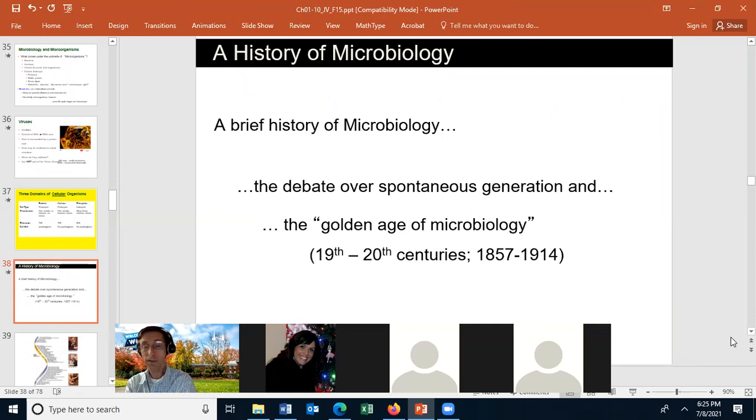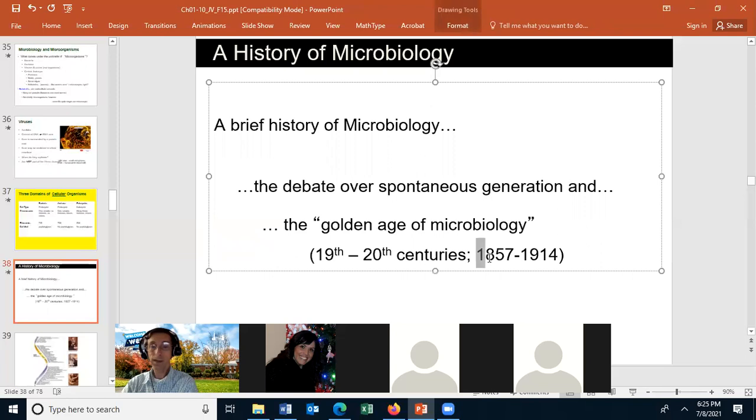And it's called the golden age because whenever a microbiologist studied something, it was something new. Nobody knew anything about it. And you do not need to know the years when I give a year, but the golden age of microbiology by our textbook author is considered from 1857 to 1914. And all you need to know is it's the start of microbiology.